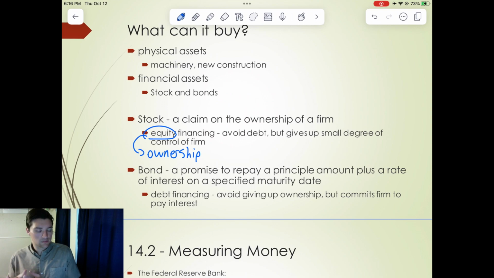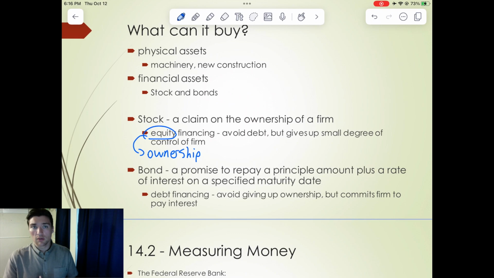So that's the difference. Debt financing avoids giving up ownership, but it does commit the firm to pay interest. So if I wanted to borrow $1 million from you, I sell you a bond and I pay you back 10 or 15 years from now, $1 million plus interest. So that's what a bond is.